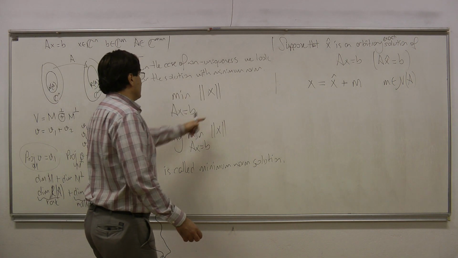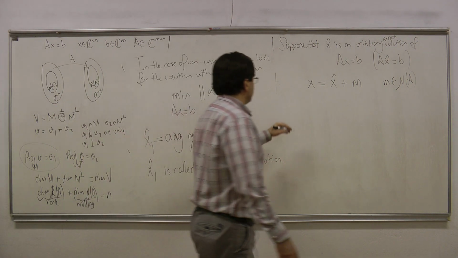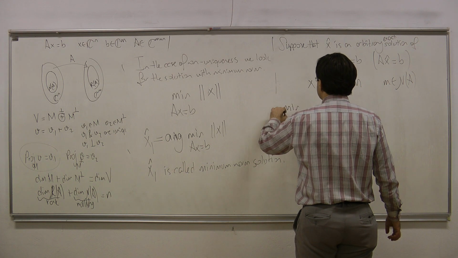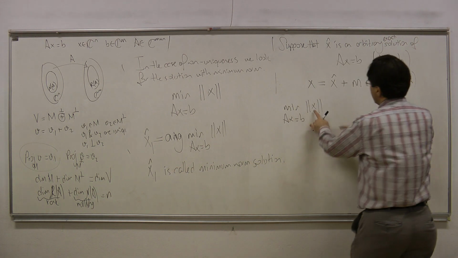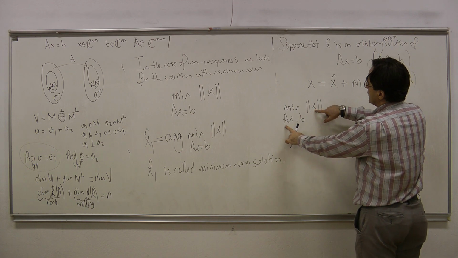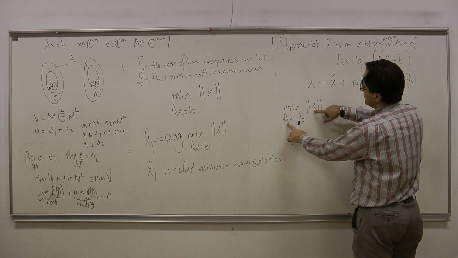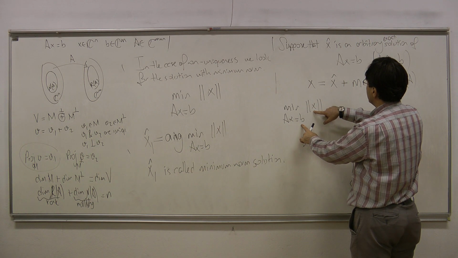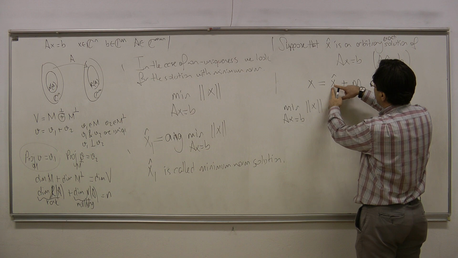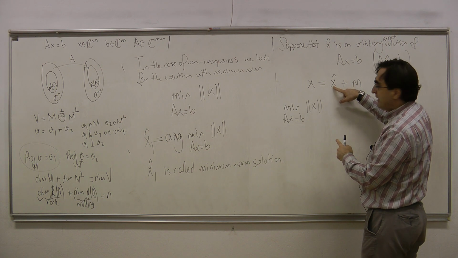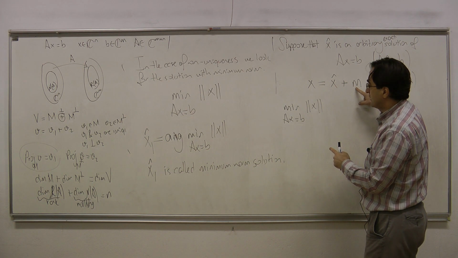So now what I would like to do is to solve this optimization problem: minimize the norm of x over all x's which would satisfy this equation. But I know that all such x's can be written as an arbitrary solution x hat plus a vector inside the null space.